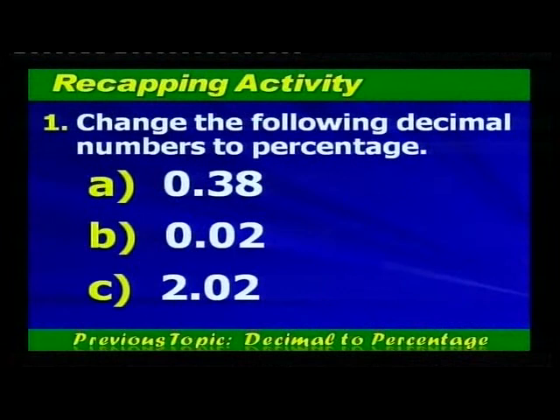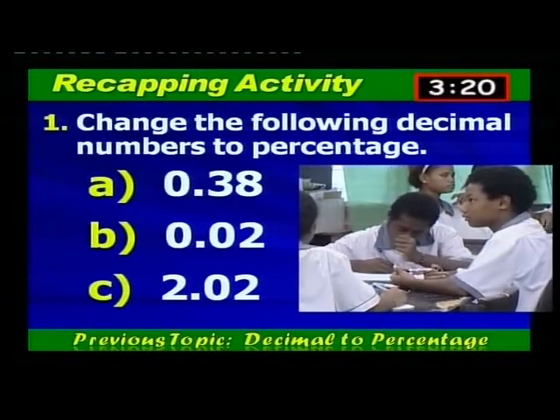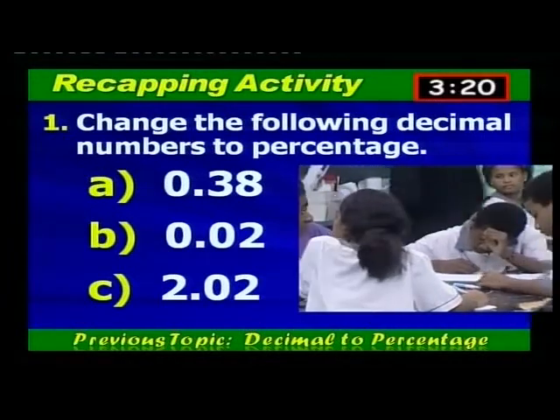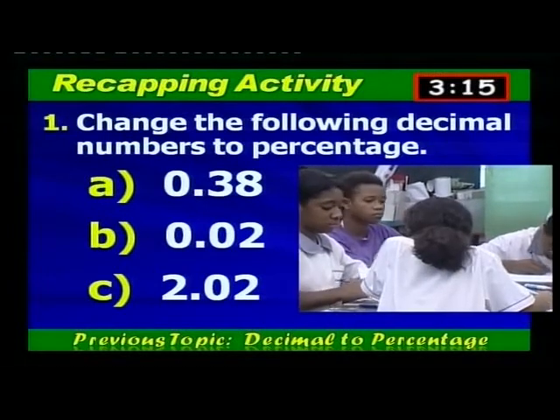The instruction reads, change the following decimal numbers to percentage. You have done a lot of the exercises on this in your previous lesson, so I will give you A4 papers. So you're working out on those, you may start. I'd like you to contribute to your activities that you have been assigned to complete.